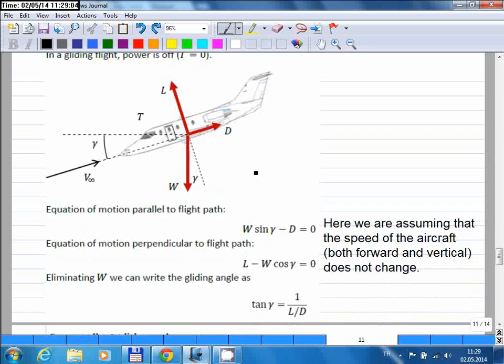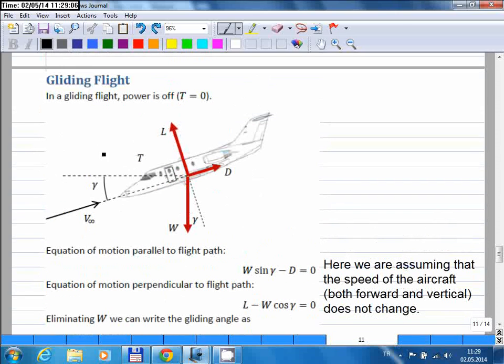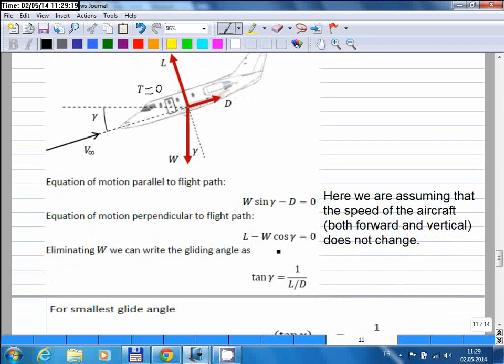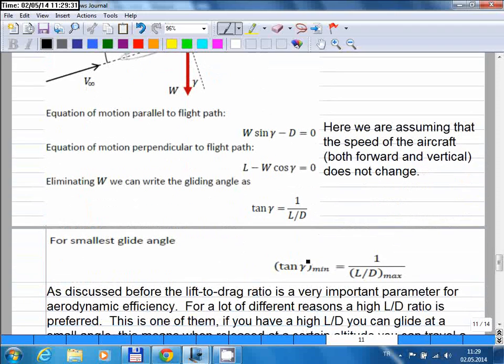If you write the equations, you have the same equations, except that the thrust term is equal to 0. And by combining these two equations, you find an expression for the tangent of the glide angle, the flight path angle, and that's simply equal to 1 over L over D. And this is really all there is to the gliding flight.